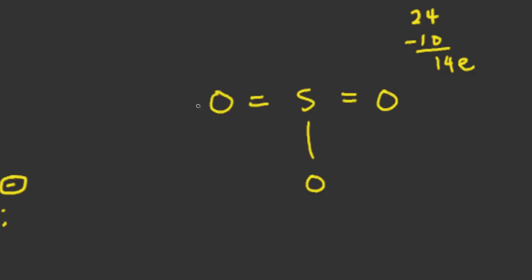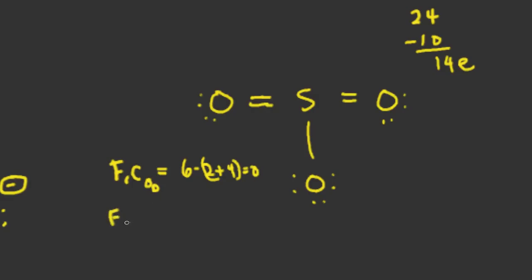Alright, so here we have 2, 4, so let's see what the charges are now. The oxygens with the double bond, we'll call them O sub D, is going to be 6 minus 2 plus 4, which is neutral.